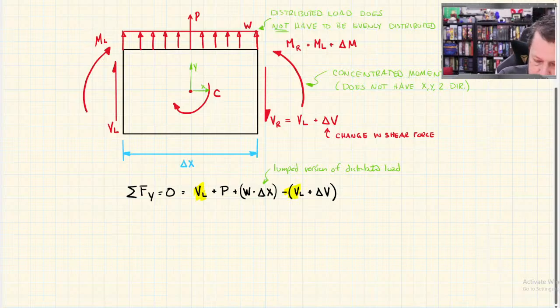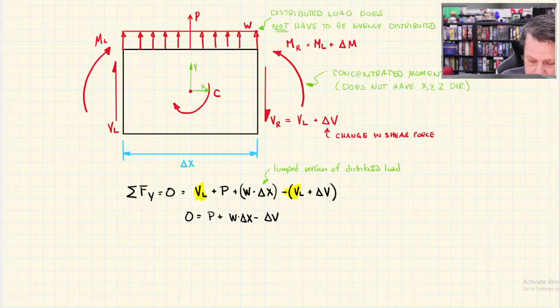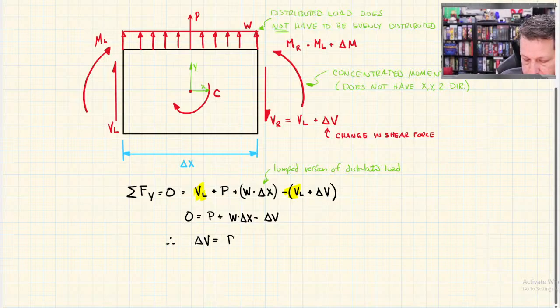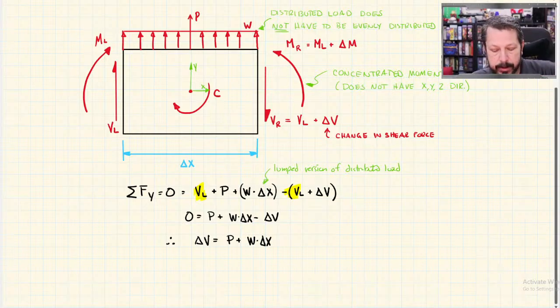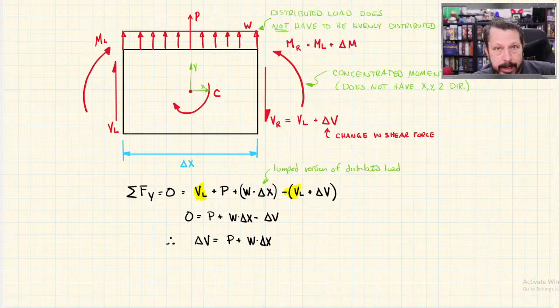And my equation ends up being 0 equals P plus W times delta X minus delta V. I don't like the minus delta V. I'm going to move it to the other side, and my final equation will say delta V equals P plus W times delta X. Okay? And we're going to use that equation to set up our statements, our algorithm.